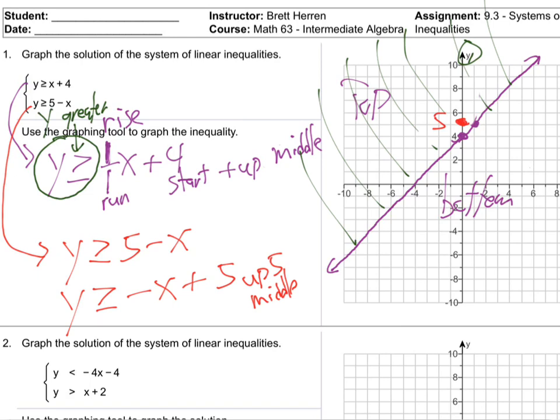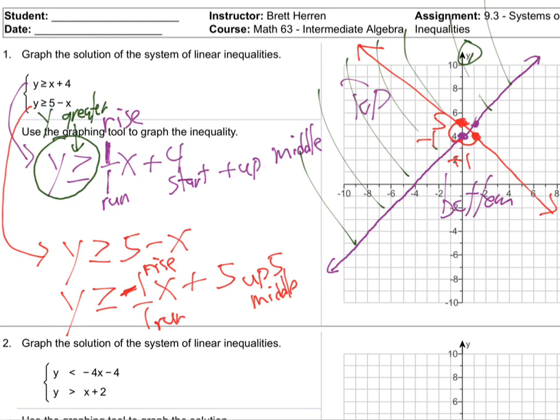You put 1 over 1 there because there's no fraction, that's the slope. That's rise over run. But it's negative 1, so that means down 1 over 1. We good there? So connect the two dots. We good so far?